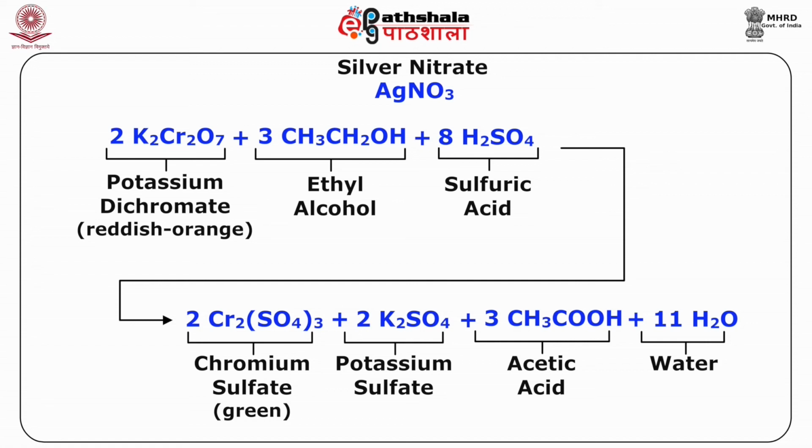From the chemical equation, it can easily be deduced that 2 moles of potassium dichromate combine with 3 moles of ethanol. Hence, the amount of dichromate utilized indirectly determines the amount of alcohol that was present in the sample. AgNO3 catalyzes the rate of this reaction and does not undergo any change.